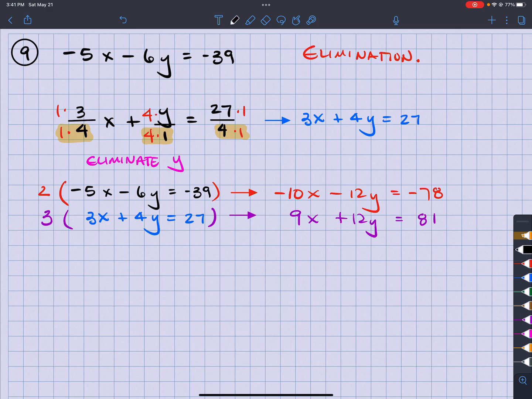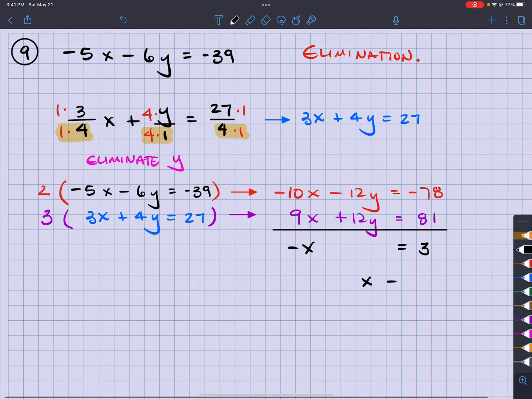Okay, so I can go ahead and add these two together, and I get negative x is going to equal 3. So x must equal -3.